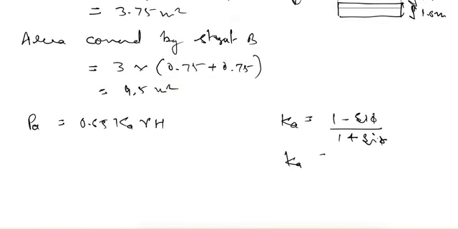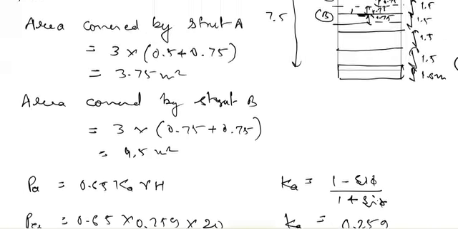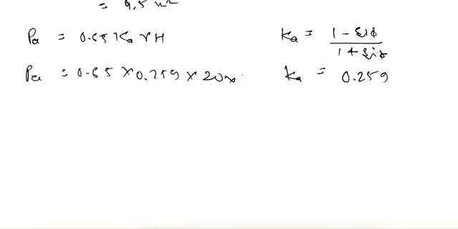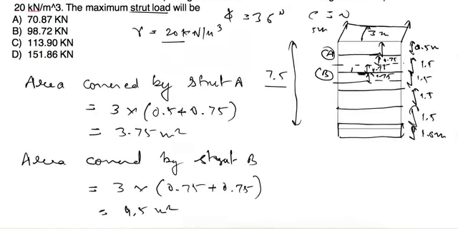If we put it in, it will come out as 0.259. Now we can just put it here. So Pa is equal to 0.65 into 0.259 into gamma, which is 20, and the total depth is 7.5 meter, into 7.5. So pressure intensity is equal to 25.25 kilonewton per meter square. This is the pressure intensity.